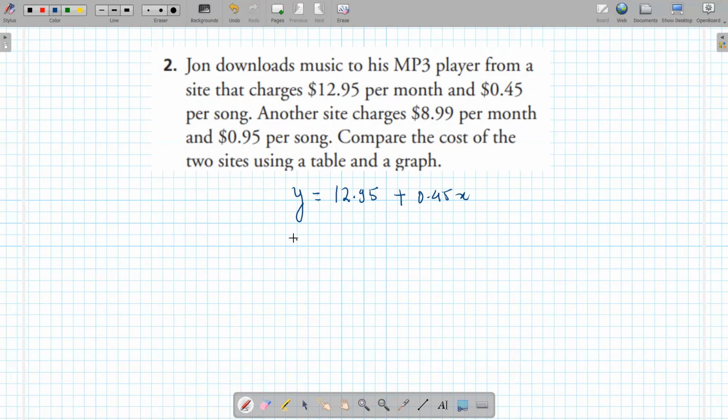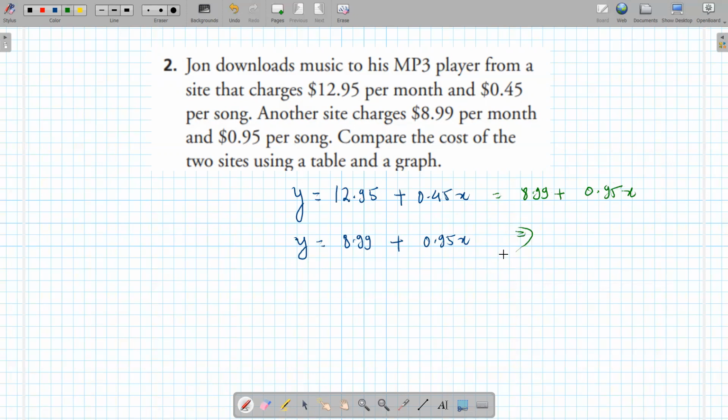The other equation is this, y equals, again, this is fairly simple, 8.99 plus 0.95x, yeah? It says compare the costs. So if you were to graph this out, I'm going to quickly find the POI. To find the POI, just set the two equations equal to each other.